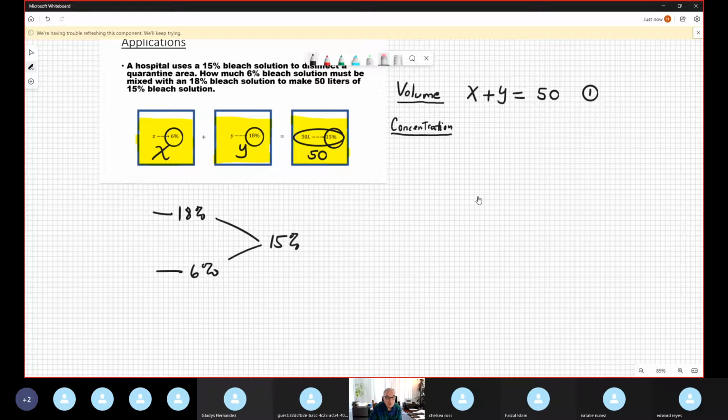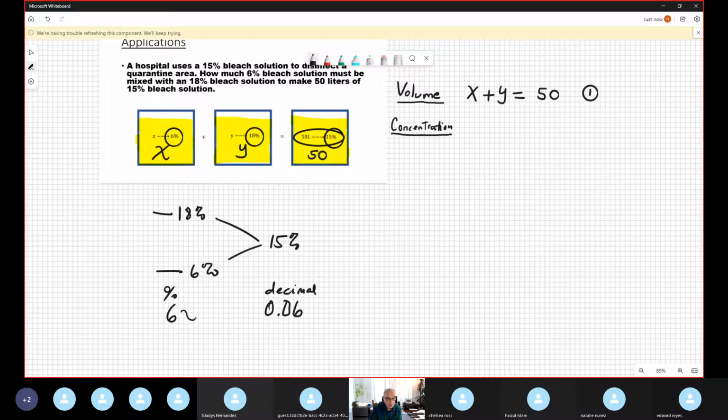Now, if you take 6, maybe in decimal or in percentage, 6 or 0.06, it's in decimal, no? You divide by 100, no? You want to express this percentage as a decimal, and you multiply by the amount of liters that we have in this container.